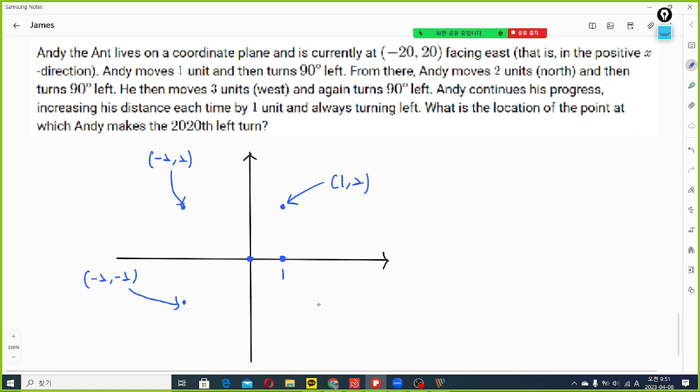So if he keeps this movement, so 5, 6, 7, and 8. After 8 movements, his position will be minus 4 and minus 4.